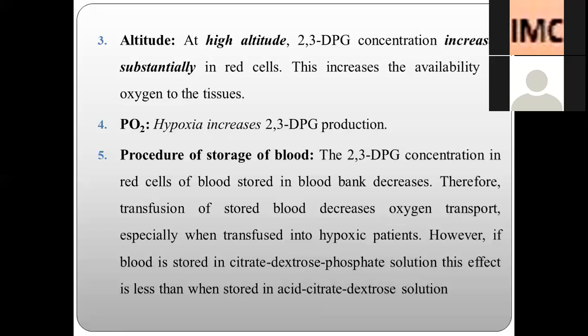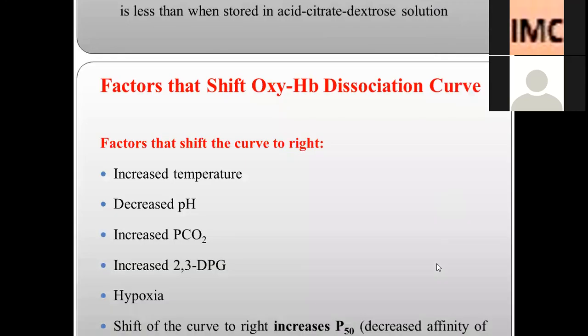So we have to be very careful if we are transfusing this stored blood into hypoxic patients. We have to keep in mind that if blood is stored, there is a decrease in the 2,3-DPG concentration. Of course, if we change the storage solution, this can cause some change in the storage properties.